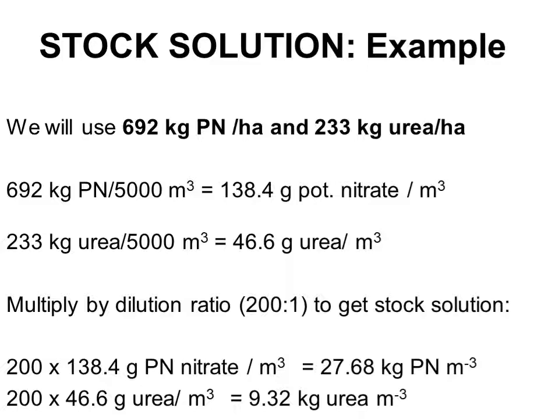So we multiply these values by 200, and 200 multiplied by 138.4, we come up with 27.68 kilograms of potassium nitrate per cubic meter of stock solution. The same goes for urea. We come up with 9.32 kilograms of urea per cubic meter. This would be the amounts that we would put into the fertigation tank.